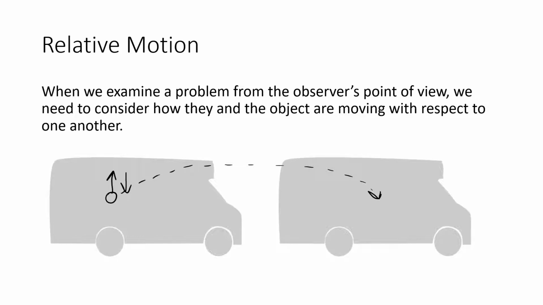So if you can sort of picture, if I had a video of this exact example, it would be pretty easy. But say I'm moving at a constant speed. I throw the ball up in the air and I catch it. To you guys, you saw a parabola. To me, I only saw it going straight up, straight back down.